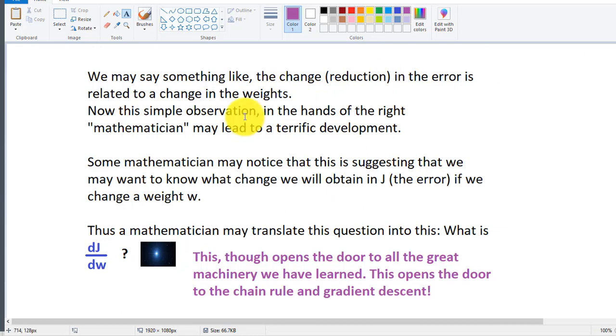And this is going to be the key to getting not just arbitrarily changing the weights and seeing how the cost reduces, but some kind of methodical way to change the weights so that the error gets smaller. And we've turned that question into a focus on this derivative.